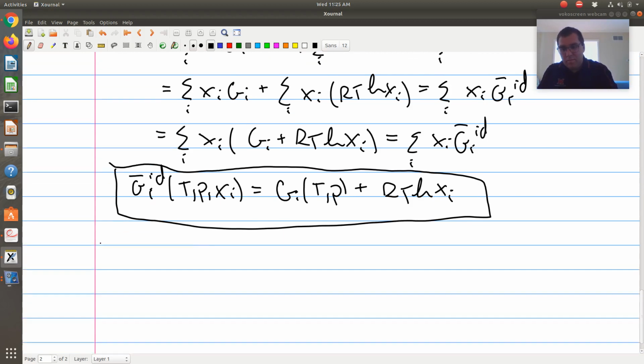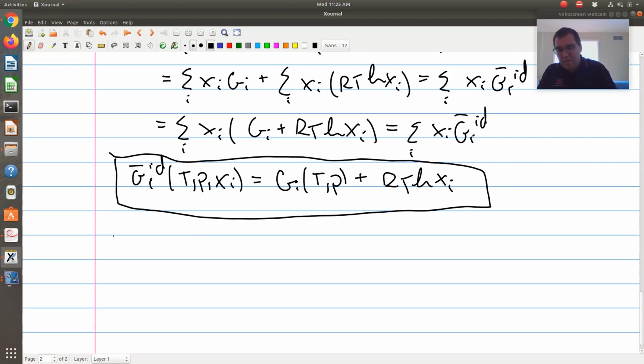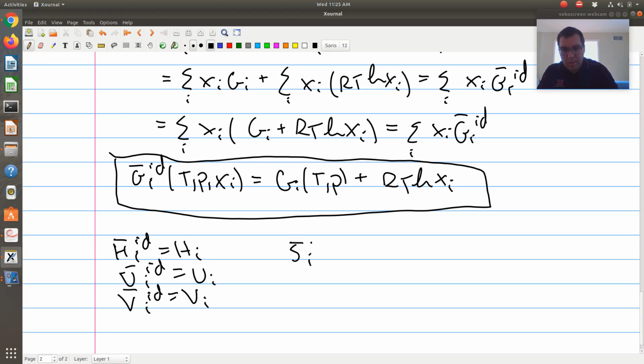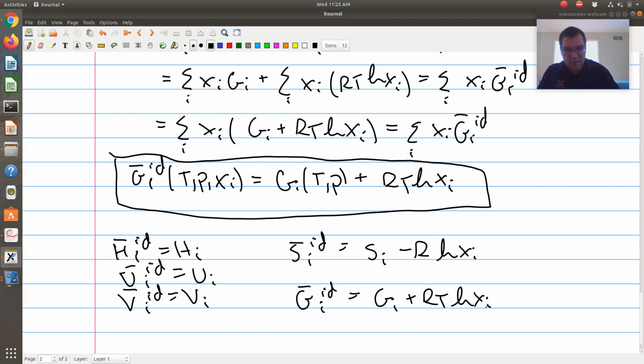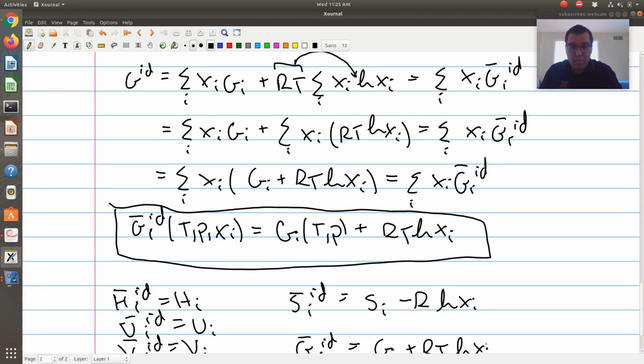We worked out that H bar i ideal is equal to Hi, U bar i ideal is equal to Ui, V bar i ideal is equal to Vi, S bar i ideal is equal to Si minus R log xi, and G bar i ideal is equal to Gi plus RT log xi. So we worked out our expressions for our partial molar properties in an ideal solution.